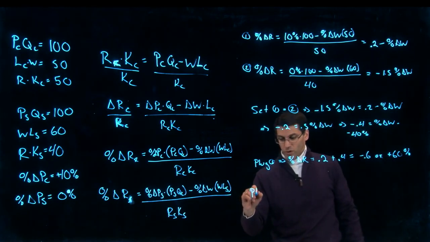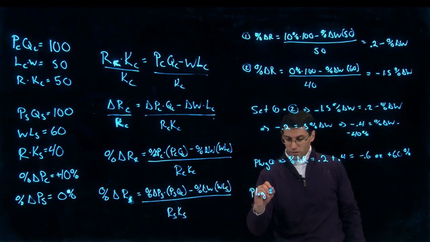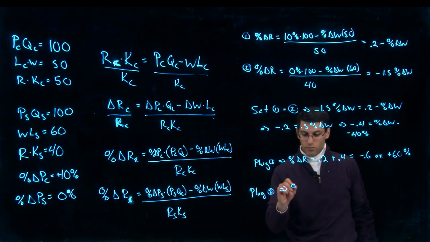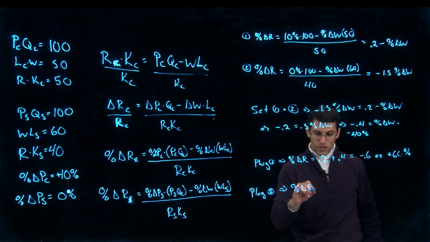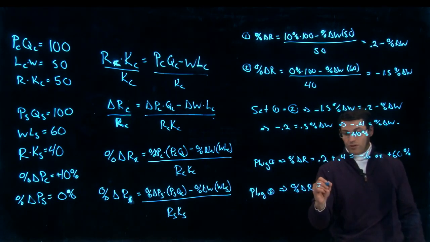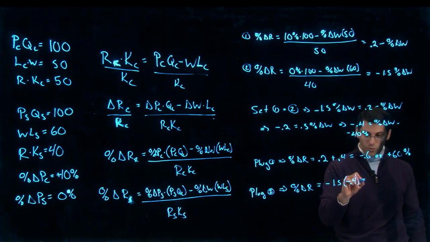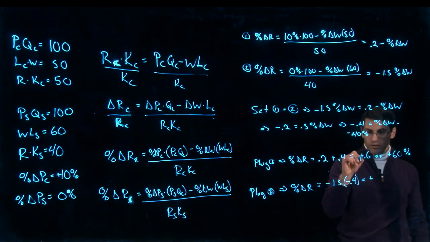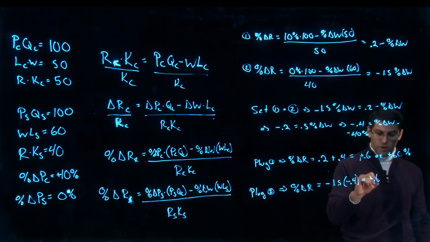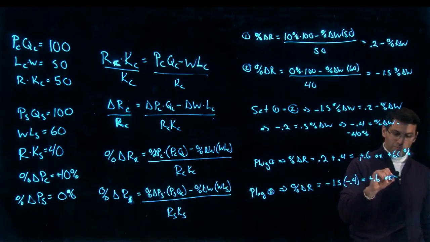Or I could plug it into equation 2 instead. Right? Plug that into equation 2, and we see the percent change in R is equal to negative 1.5 times the negative 0.4, which once again gives us plus 0.6 or plus 60%.